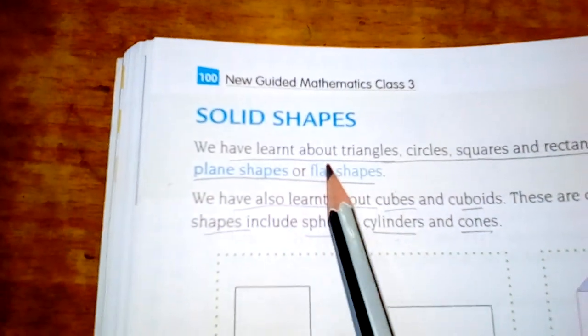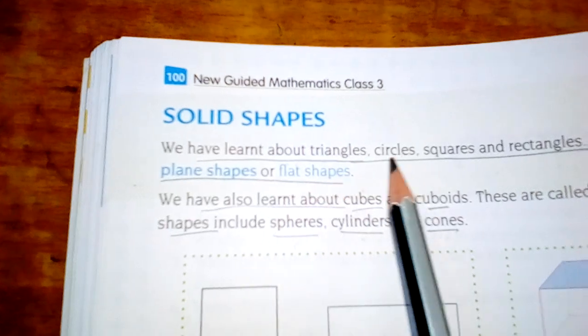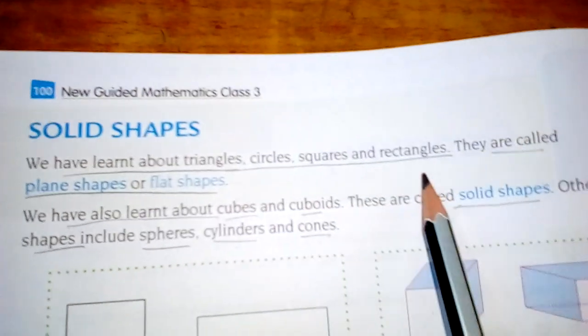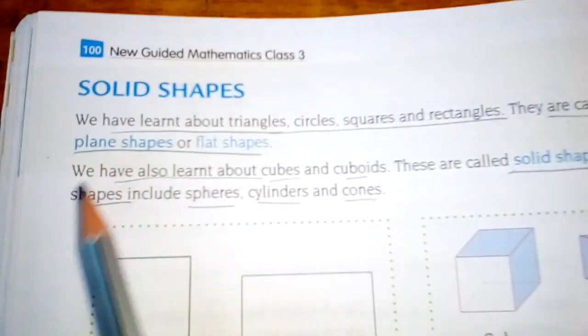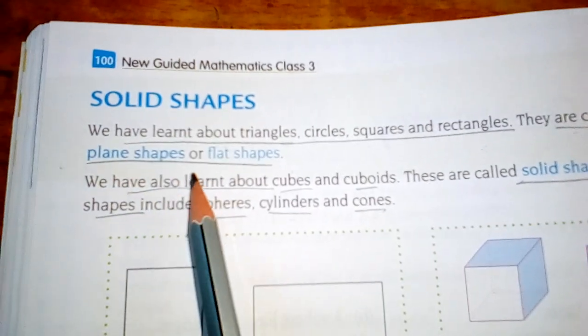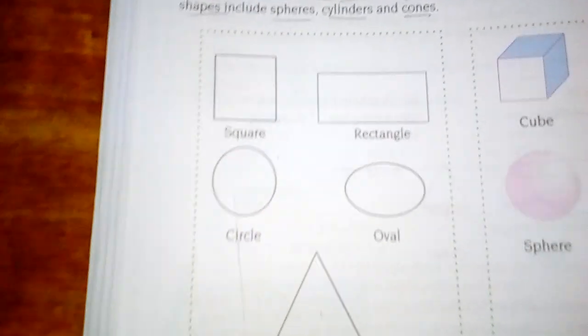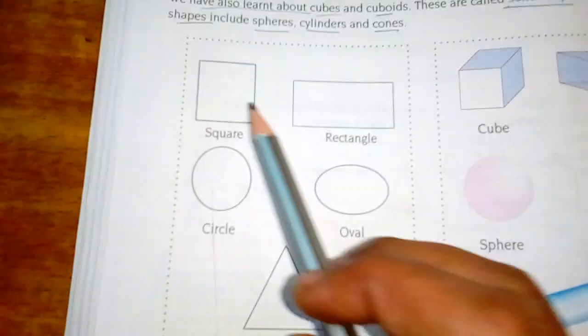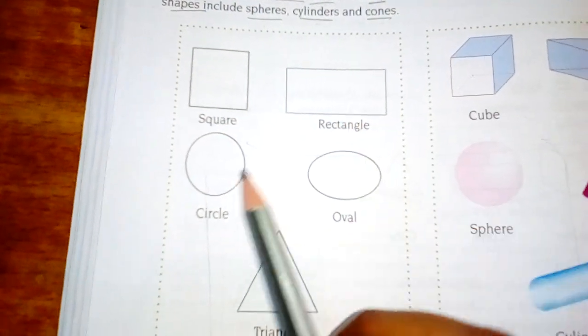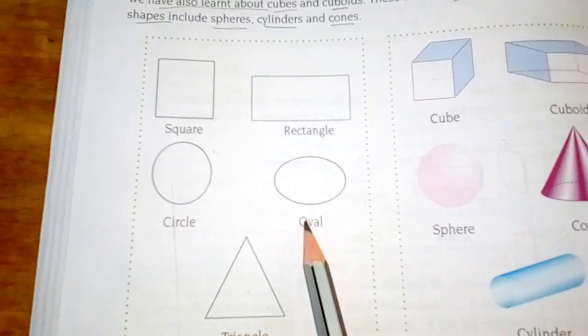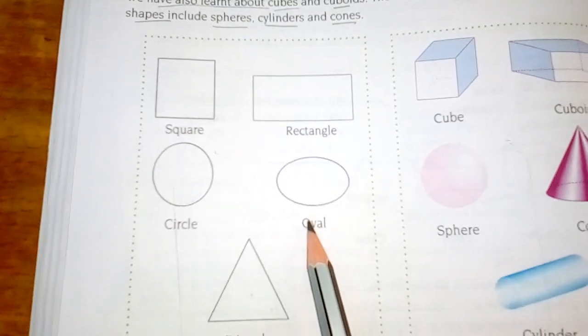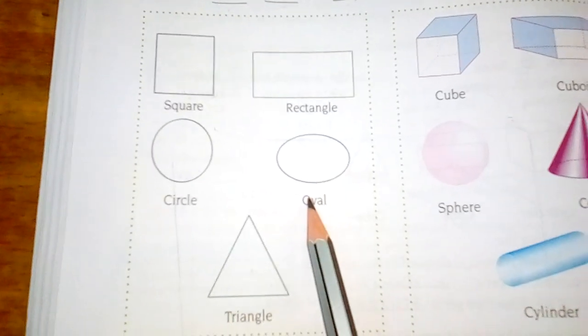We have learnt about triangles, circles, squares and rectangles. They are called plane shapes or flat shapes. Triangle, square, rectangle, circle, oval. All these are plane shapes or flat shapes.